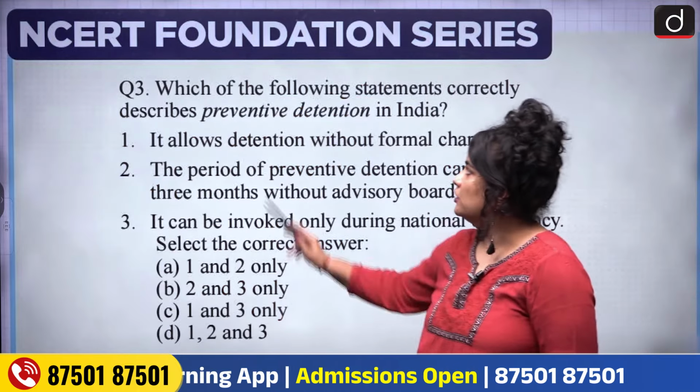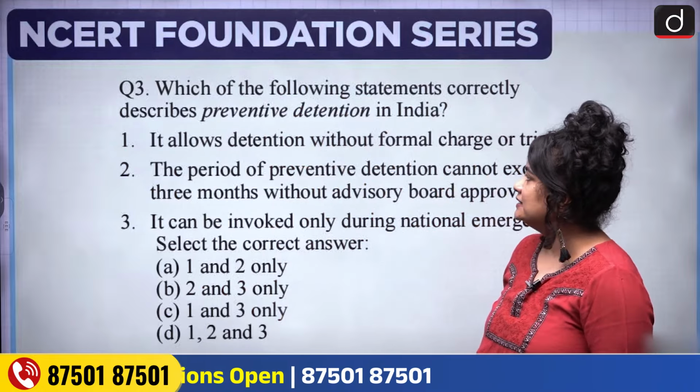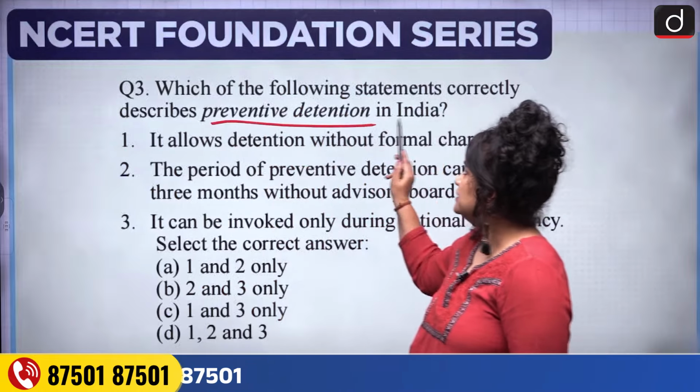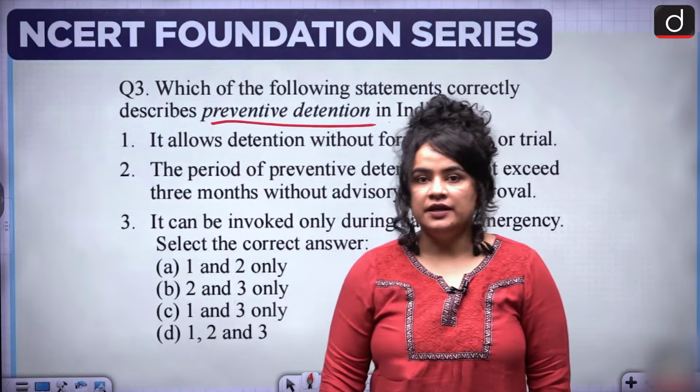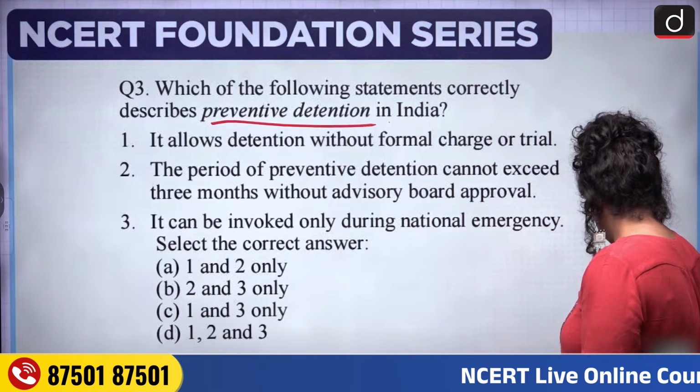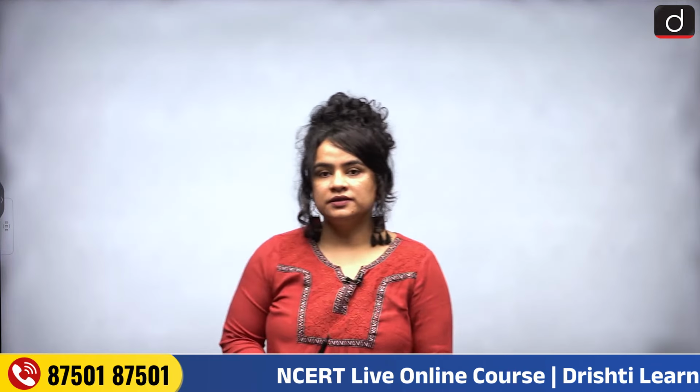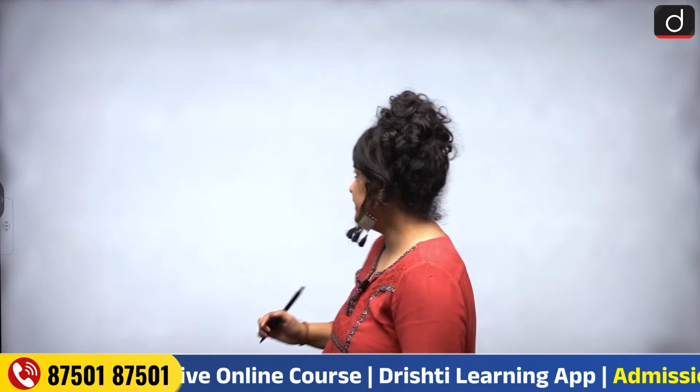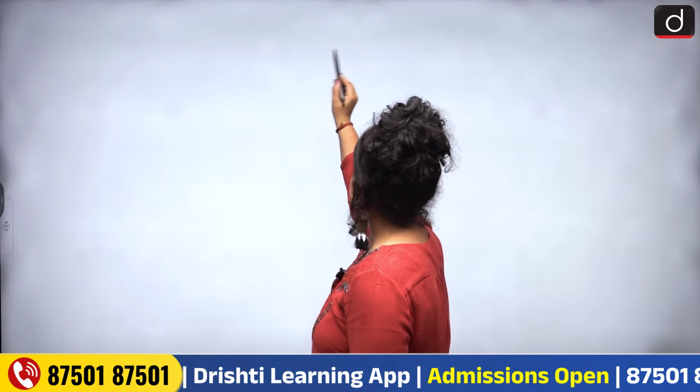Question 3. Which of the following statements correctly describes preventive detention in India? Now, in order to understand what preventive detention is, let's just take a look. So, detention in India is of 2 types.